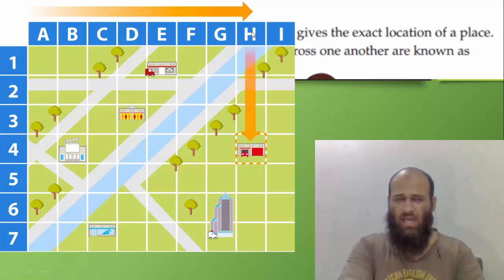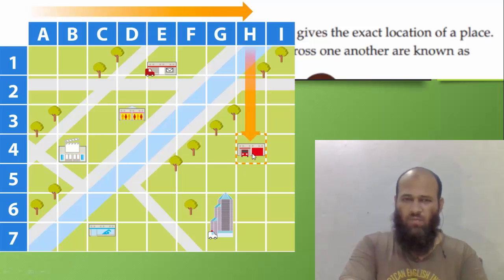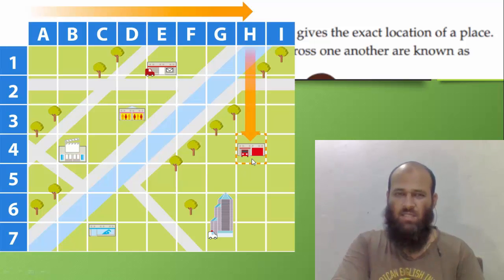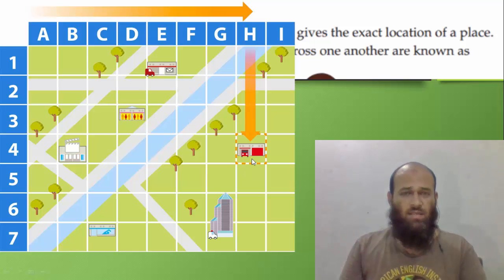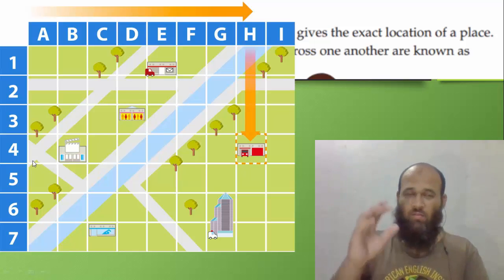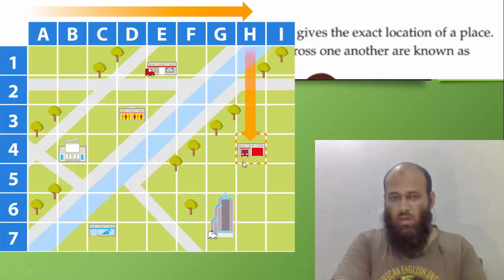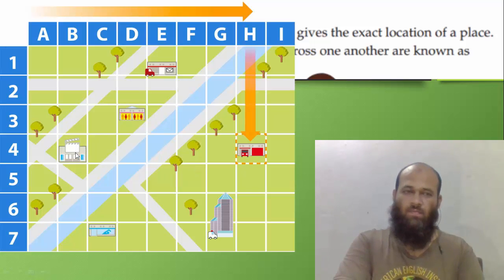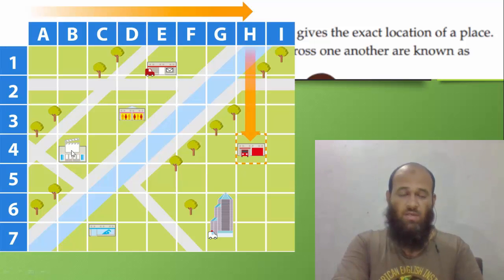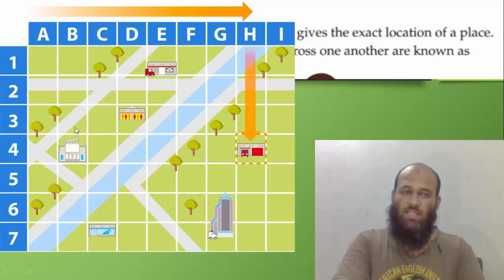For example, here I have H in this column, and this is row number 4. If you want to locate this place, is it a hotel or a bus stop? Whatever. If you want to go here, I can say, go to H4. This place looks like a movie theater. Where does it fall? B4.